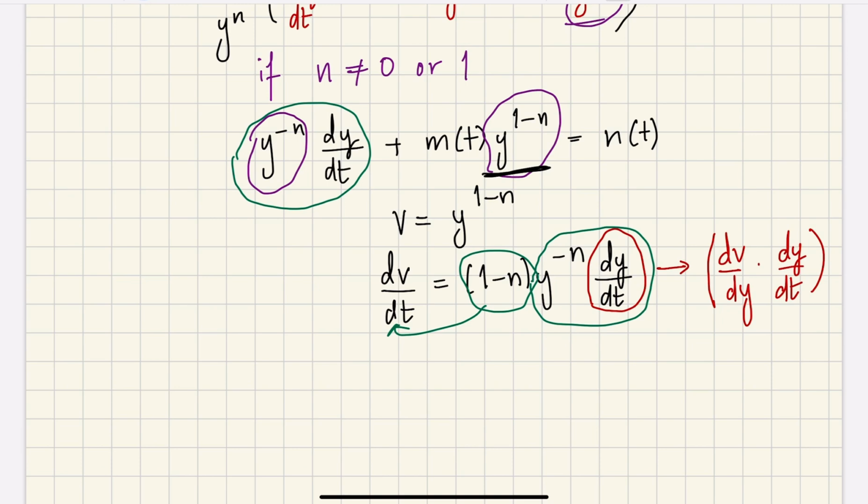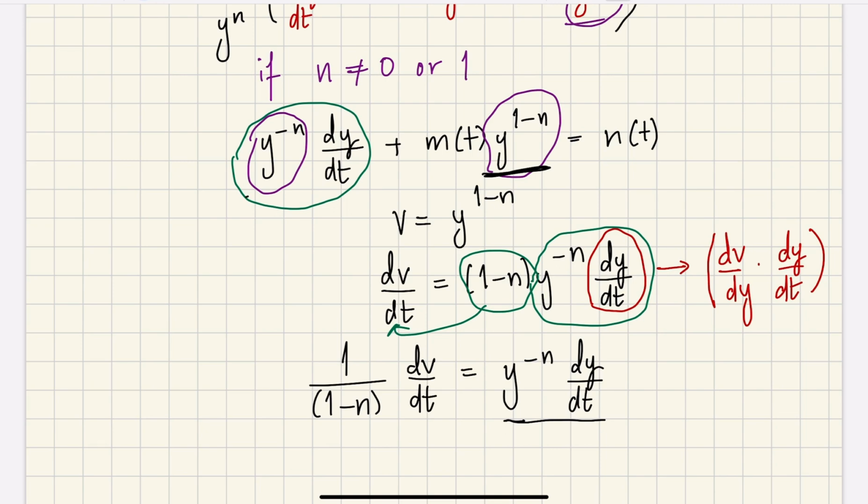So once we do that, we have 1 over 1 minus n dv over dt is equal to y to the negative n dy over dt. Now we can substitute for this here with this.